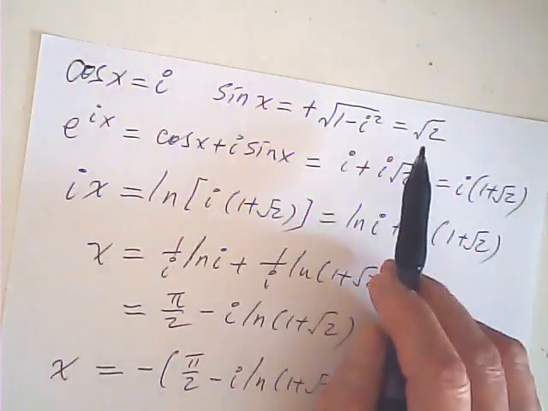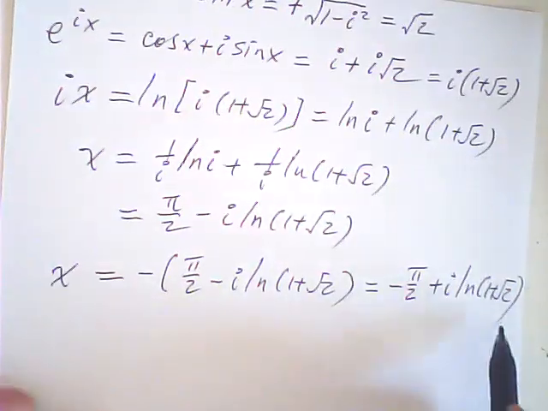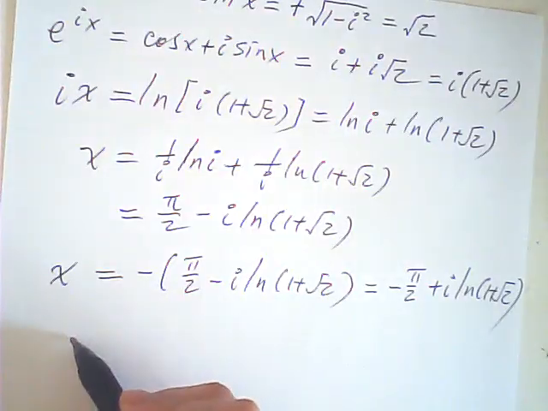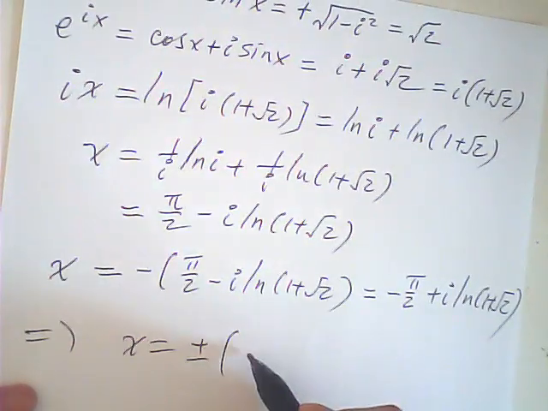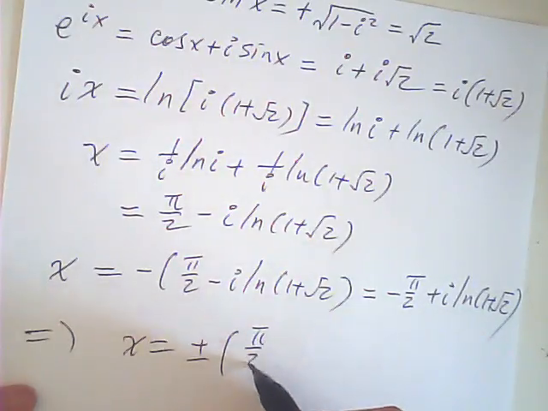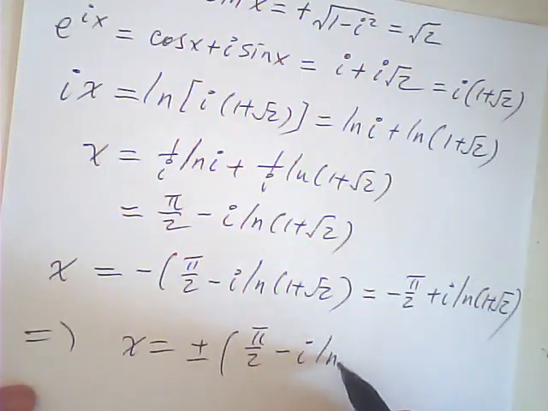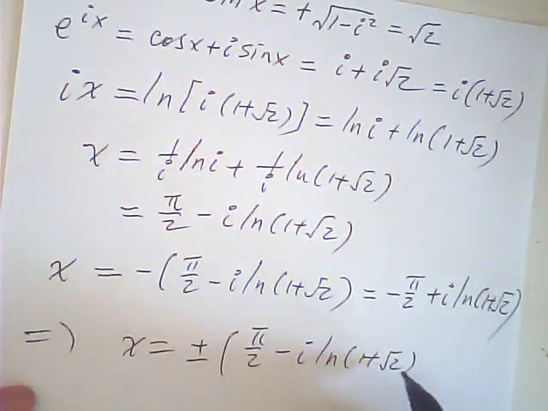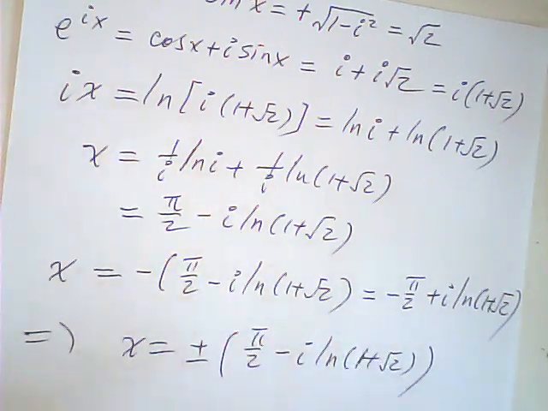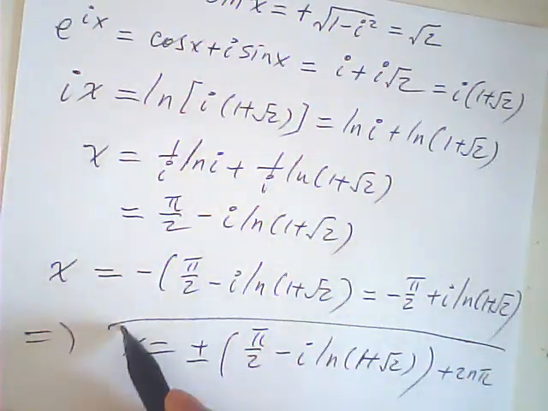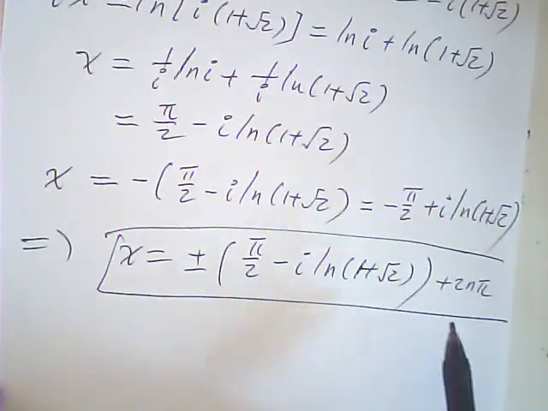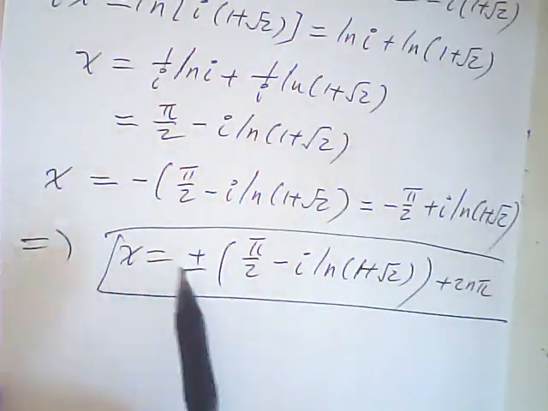So I'm not considering the fourth quadrant, but I'm considering the fourth quadrant here. So in general, x is equal to plus or minus half π, root 2 minus i. Well, that is the general story plus 2nπ. Sure, this one or negative that one, you could see both.